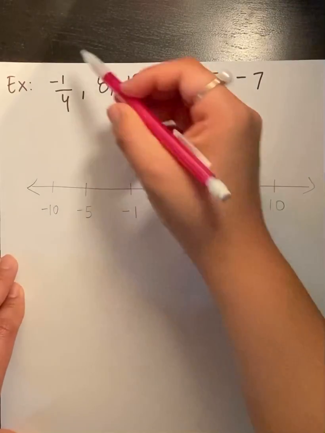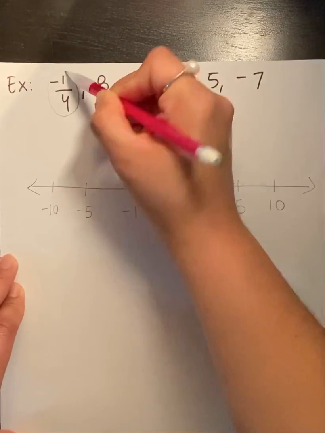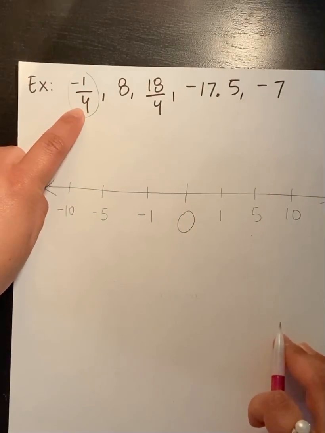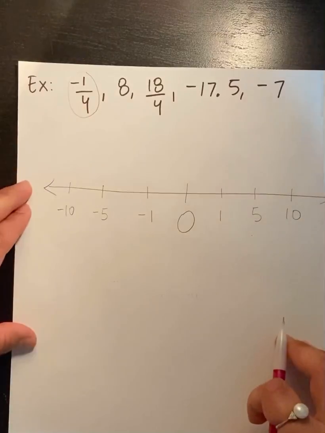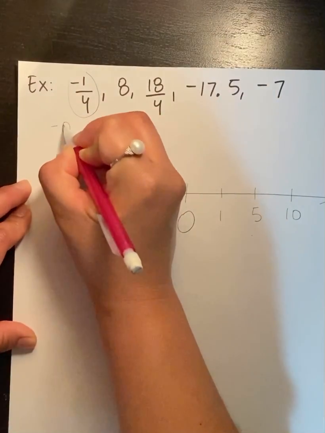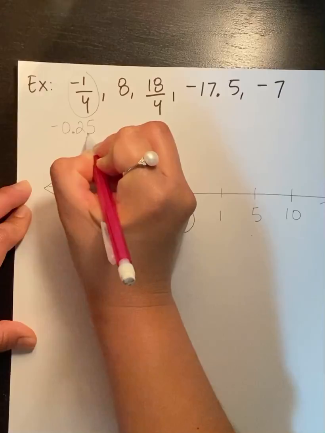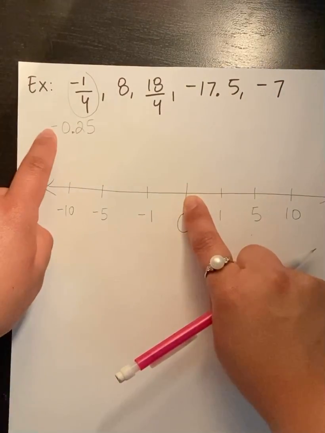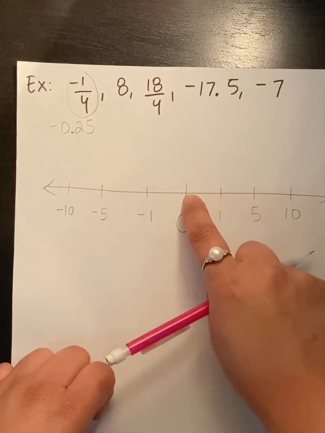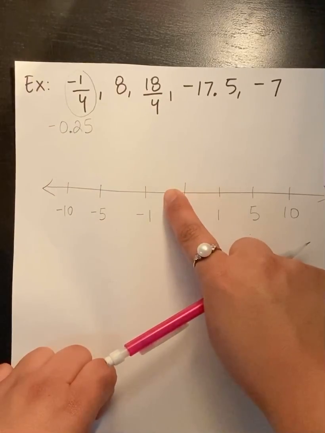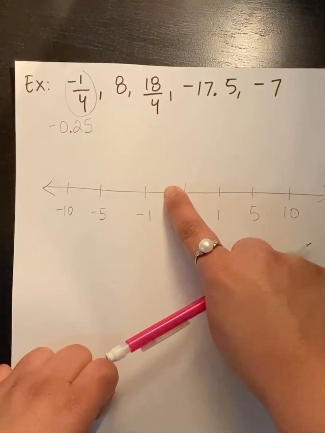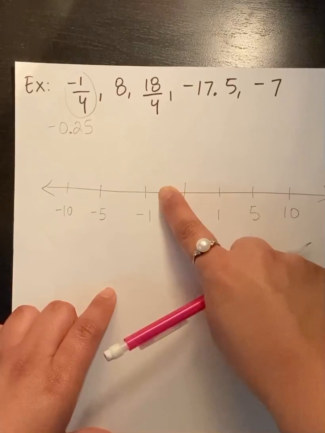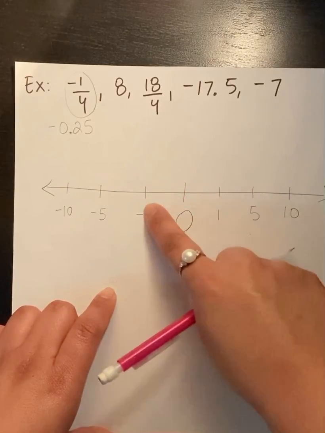So, in this example, my first number is a fraction, a fraction that I can think of as a decimal. -1/4 is the same as -0.25. So I start at 0, and because it's negative, I know I will have to move to the left. I know that -0.25 is before I reach -1.